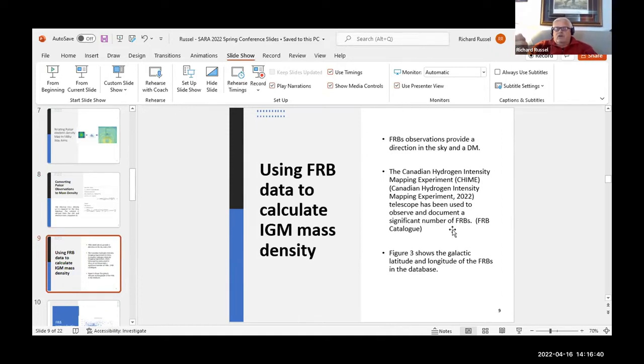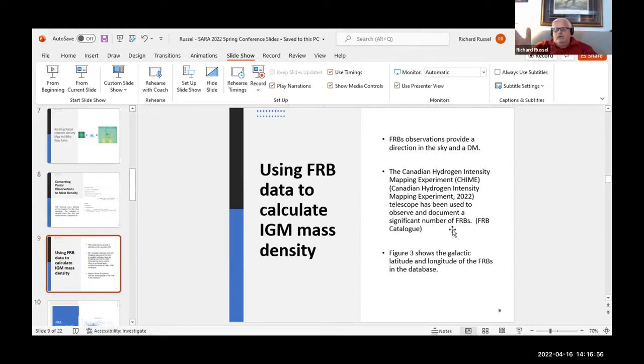Now, these distances are which galaxy that FRB is in, because I think all the repeaters are in another galaxy. So that's providing me my galactic distance.